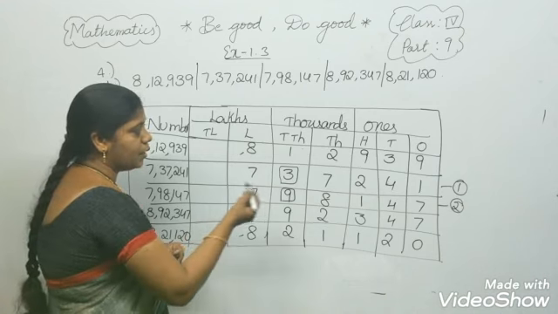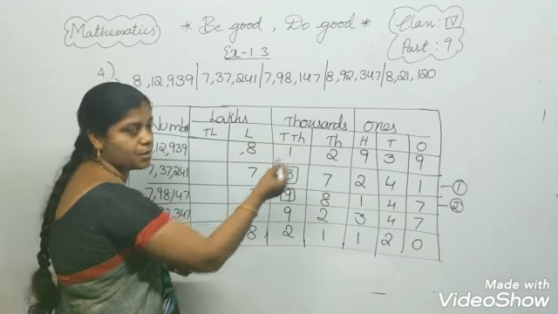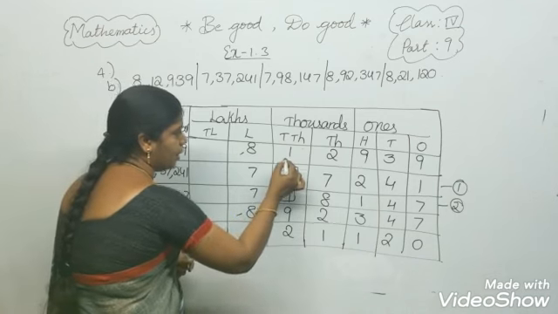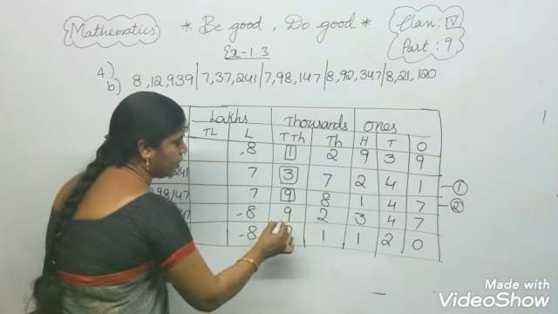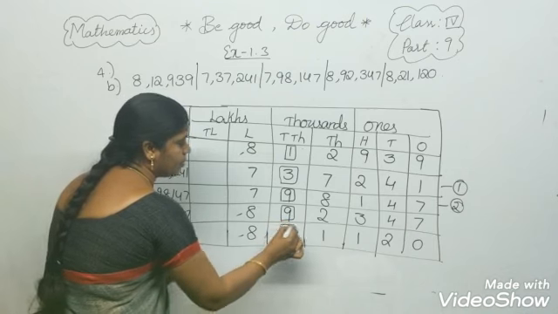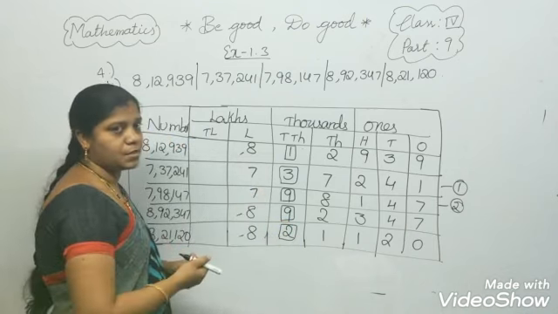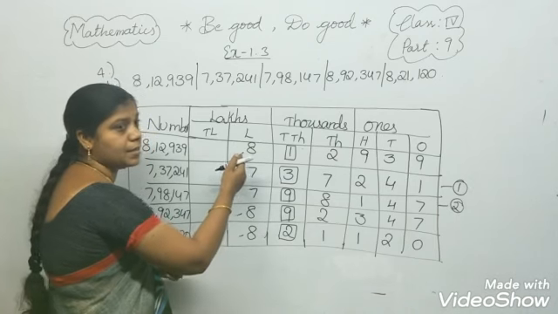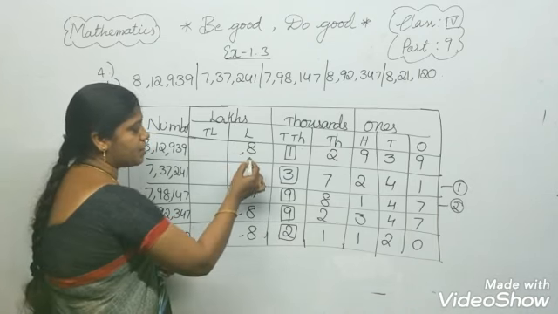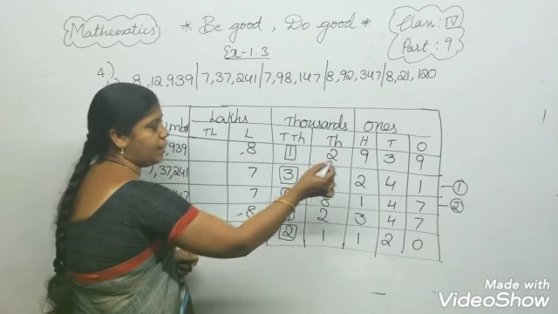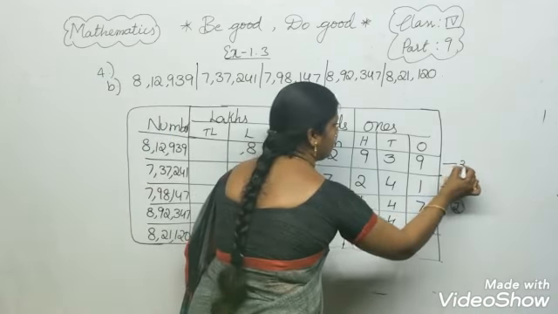So go for the next highest place, that is the 10,000s place. If you observe, here it is 1, here 9, and here 2. Which is the smallest digit, children? 1 is the smallest digit, so we have to write this number as the third smallest number, that means 8,12,939 is the third smallest number.